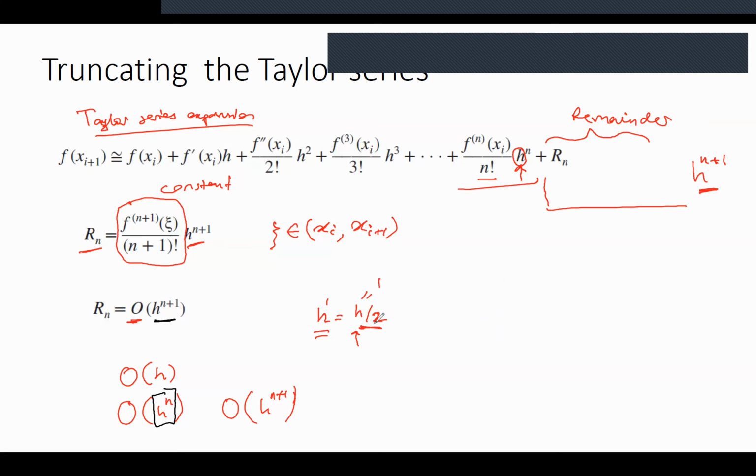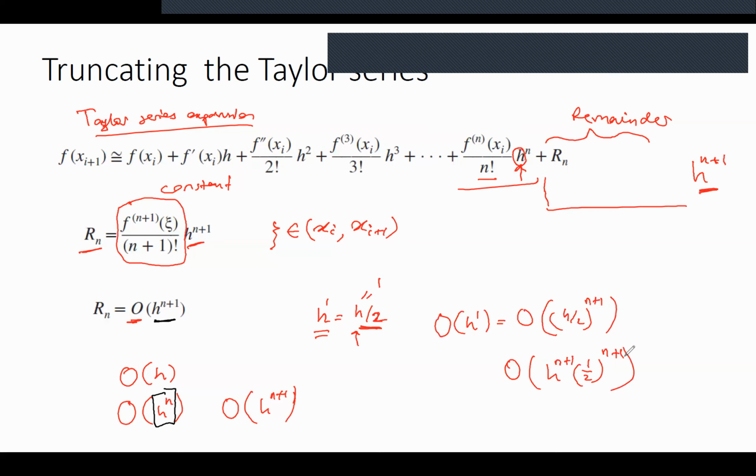We reduce the step size by half here. So h prime is going to be h over 2, so h to the n plus 1 becomes 1 over 2 to the n plus 1.